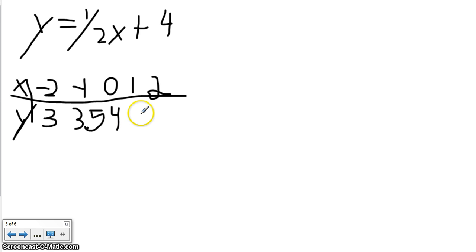And then 1/2 times 1 is 0.5, and then add 4 is 4.5. And then lastly, the 2. 1/2 times 2 is 1. Add 4, it is 5.